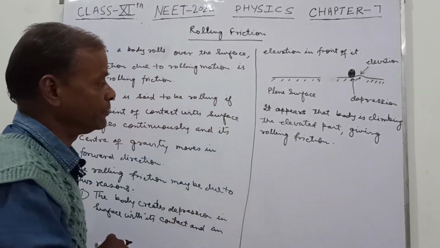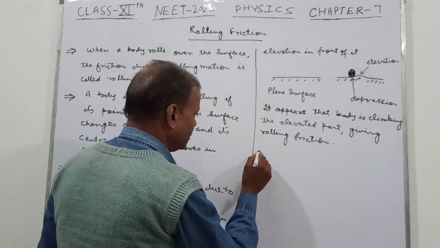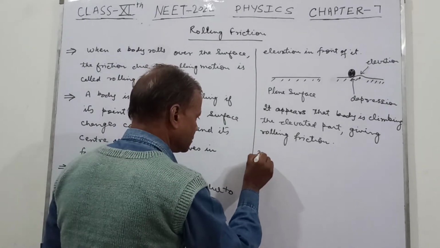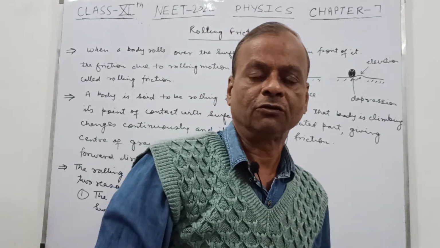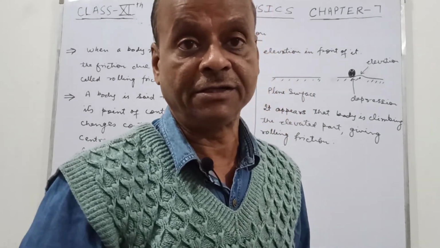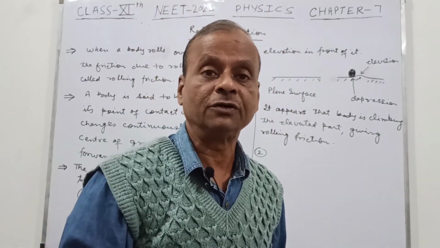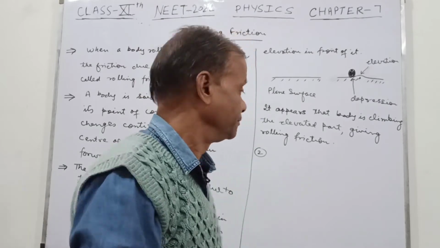And the second reason is what? Now it may so happen that the body in contact with the surface gets flattened, so the area of contact increases.